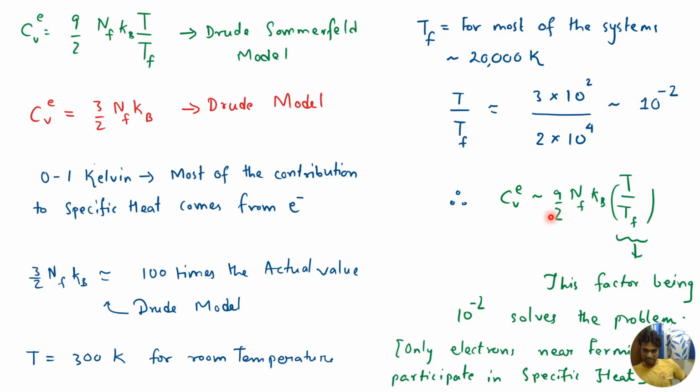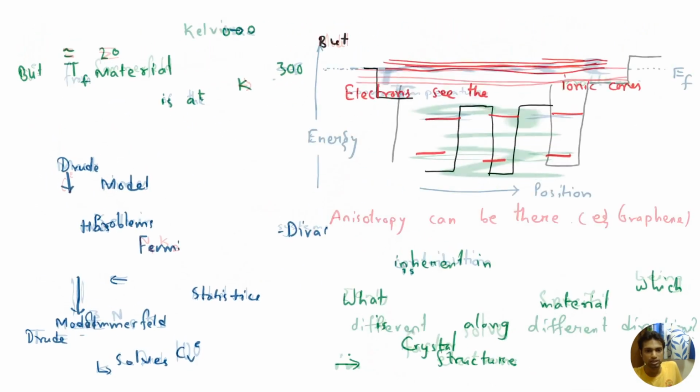So this tells us that CVE is 9 by 2 NF kB T by TF. This factor of 10 to the power minus 2 solves the problem that in the Drude model it was overestimated by a factor of 100. So that solves the problem of electronic specific heat.